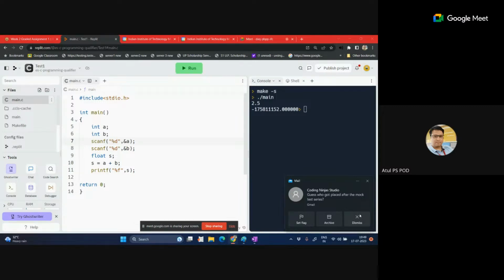So in that way, read the problem statement and check what type of input is required and what type of output you should print, and based on this information you need to declare the variable. So if the problem statement says you need to read the float value, just read the float value based on that.